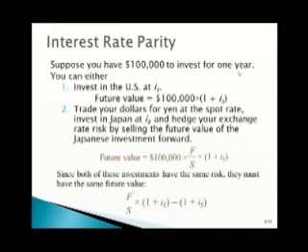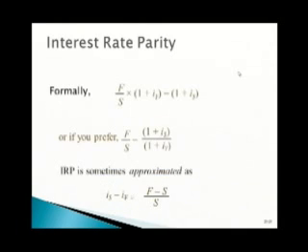We can do a little algebra. We can set this equation up that the forward rate divided by the spot rate times 1 plus the interest rate in Japan is equal to 1 plus the interest rate in dollars. Sometimes we rearrange that and we say the forward rate is to the spot rate as 1 plus the interest rate in dollars is to 1 plus the interest rate in yen.